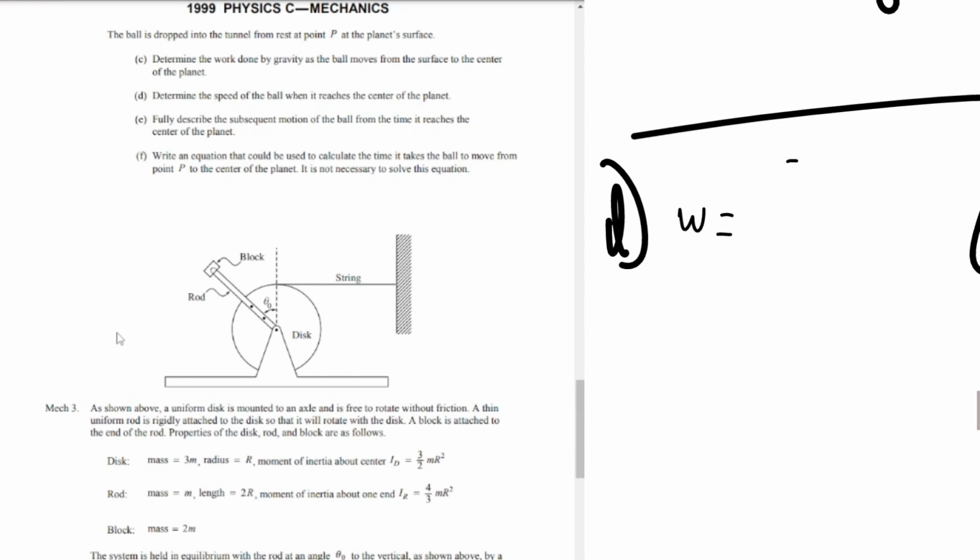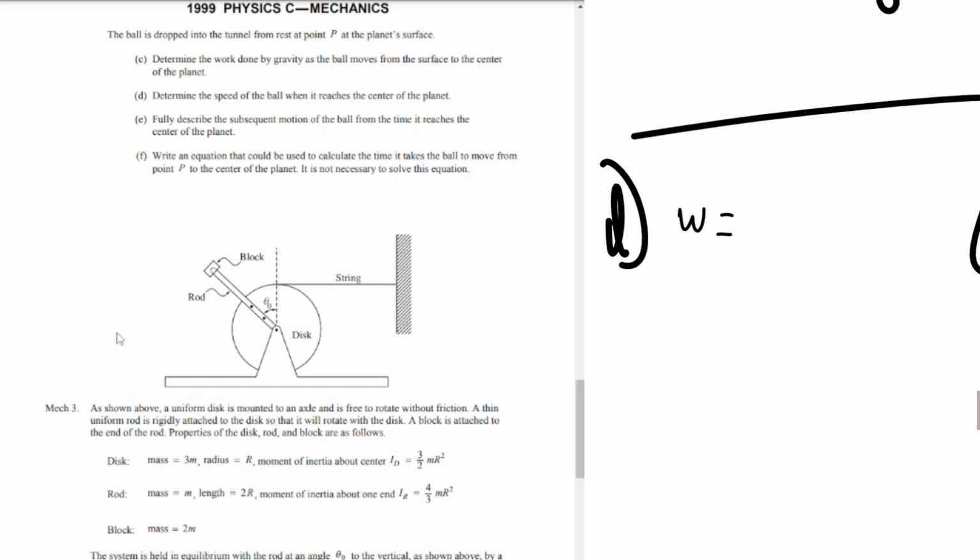Otherwise, you would say that the gravitational potential energy turns into kinetic energy by putting gravity back into the system. But here we're taking it out by saying that the work done by gravity is the change in kinetic energy, right? So it's really just messing with the system.